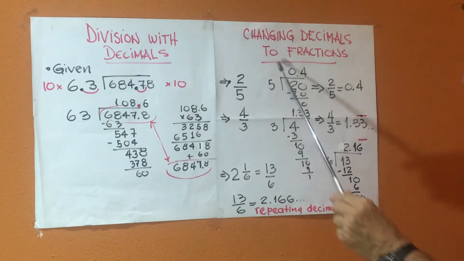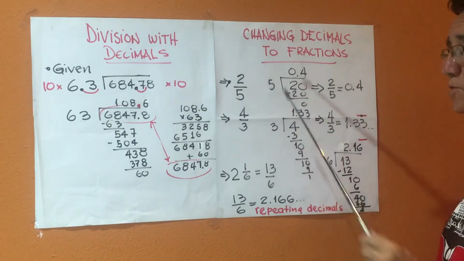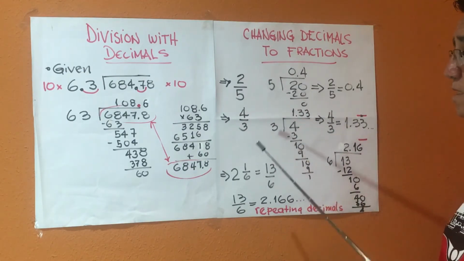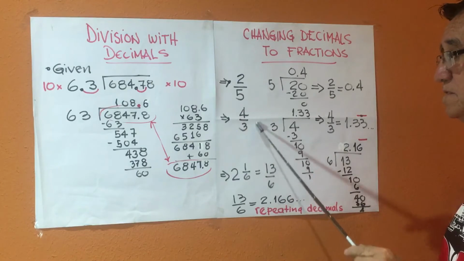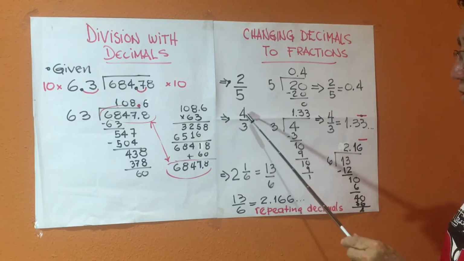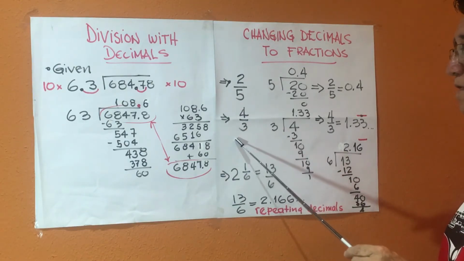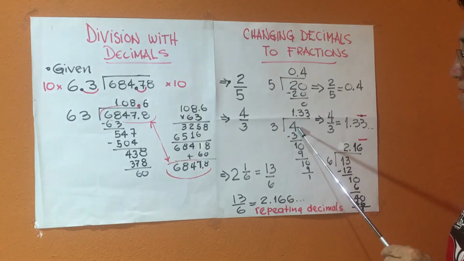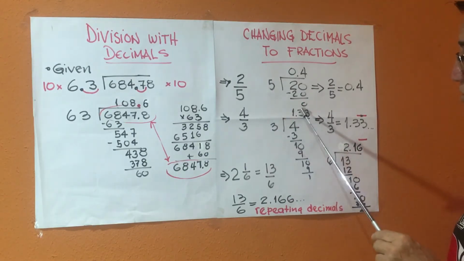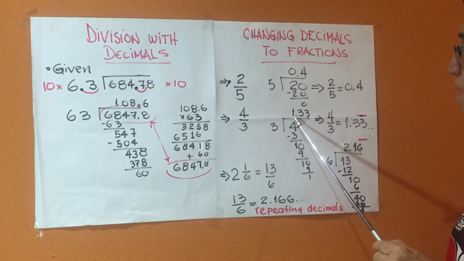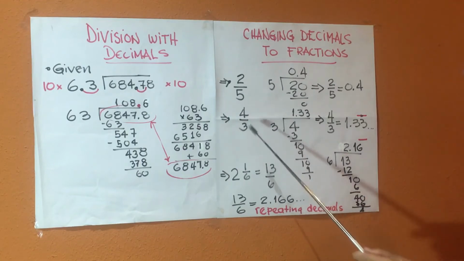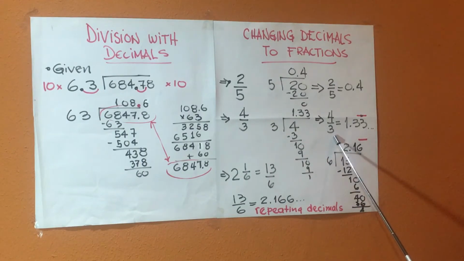Well, it works for any fraction. This is a proper fraction. But in this case, 4/3 is an improper fraction. What an improper fraction means is that the divisor is going to be smaller than the dividend. And if we do this division, we can see that the answer is 1.33. So this fraction has the equivalence of 1.33.